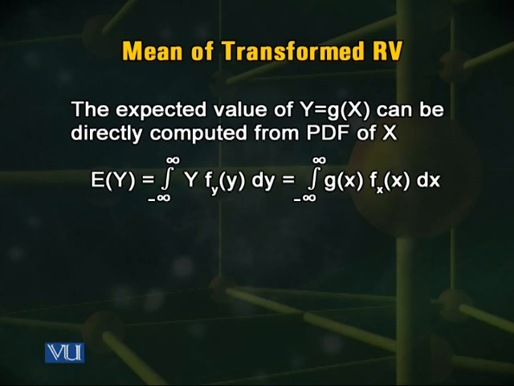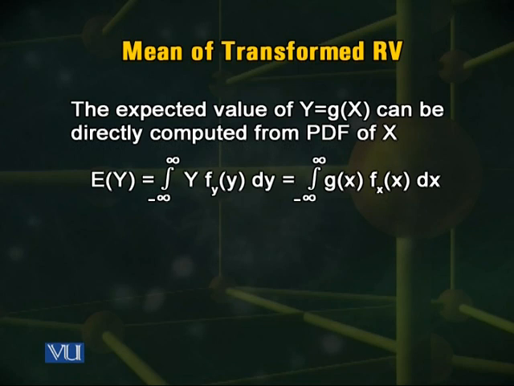So if y is obtained from x through a transformation which is called g of x, so g is the transformation, then the expected value of y can be obtained by integration of y times the PDF of y, or y fy, integrated over the range.